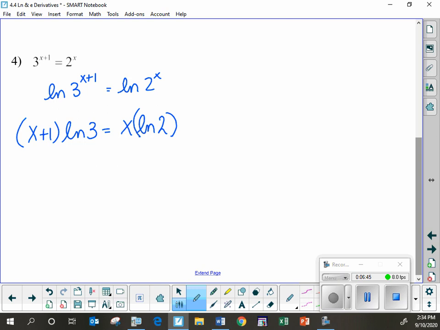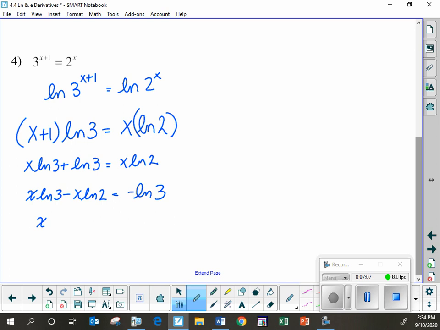I think I'm going to distribute: x natural log 3 plus natural log 3 equals x natural log 2. And I want to get my x terms together, so I had x natural log 3 minus x natural log 2 equals negative natural log 3, just sorting things out.